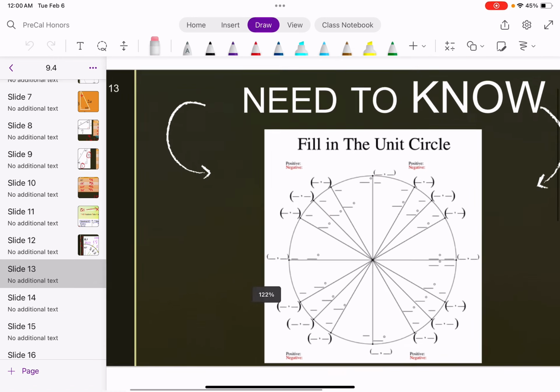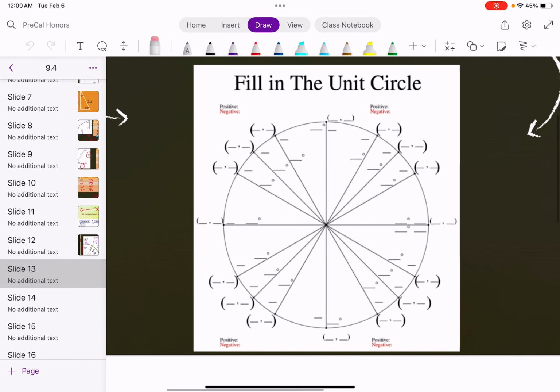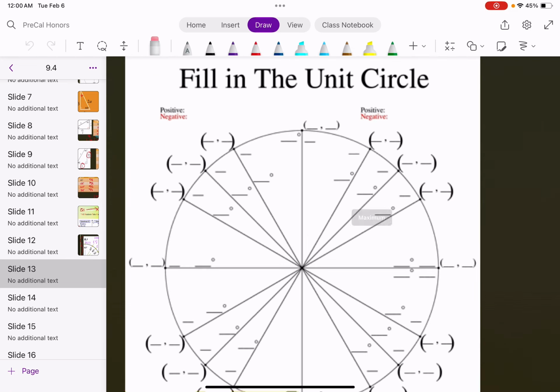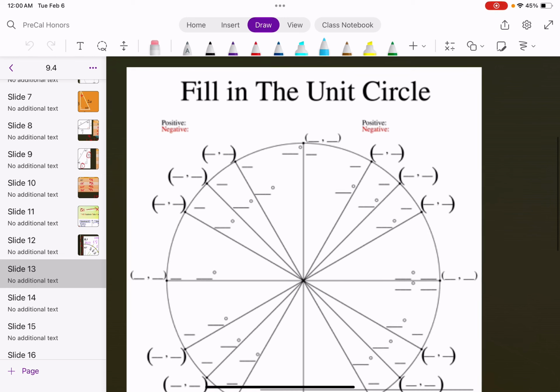Now, this is extremely important, and I highly, highly suggest that at some given point between now and the quiz, be able to work with this problem and go ahead and determine how to fill in every single piece that we need to fill in. So, first thing would be going ahead, writing in the degrees.